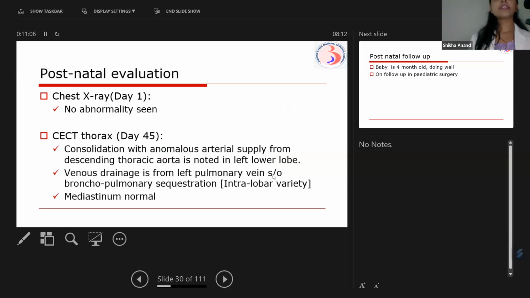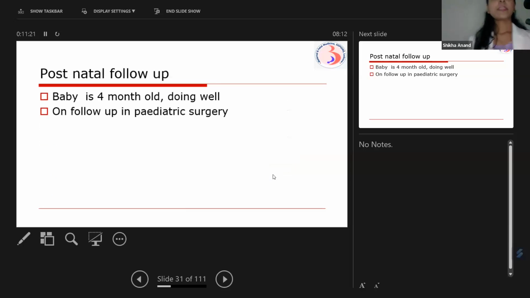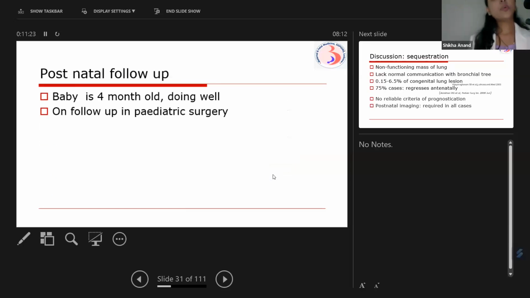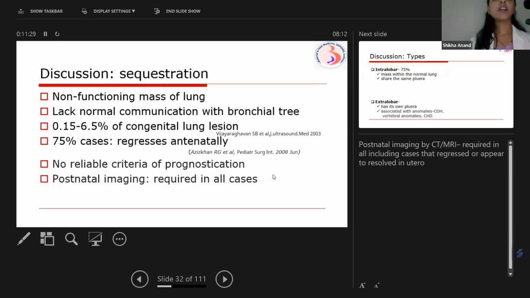However, CT thorax has shown a consolidation with anomalous arterial supply from the descending aorta. So our antenatal diagnosis of bronchopulmonary sequestration of the intralobar variety was confirmed postnatally. The baby is 4 months old now, doing well, and is in follow-up in the pediatric surgery department. Bronchopulmonary sequestrations are non-functioning masses of lung tissue that lack normal communication with the bronchial tree.